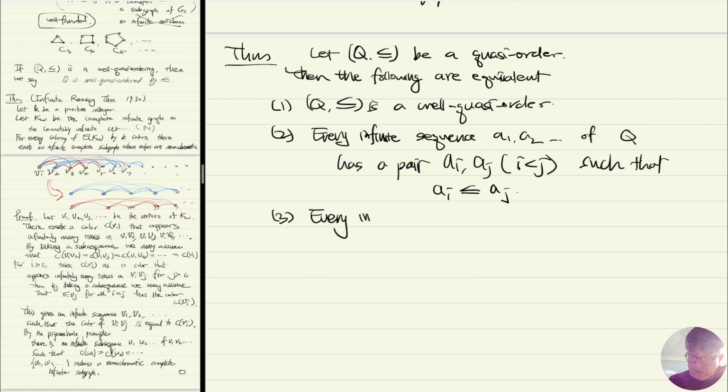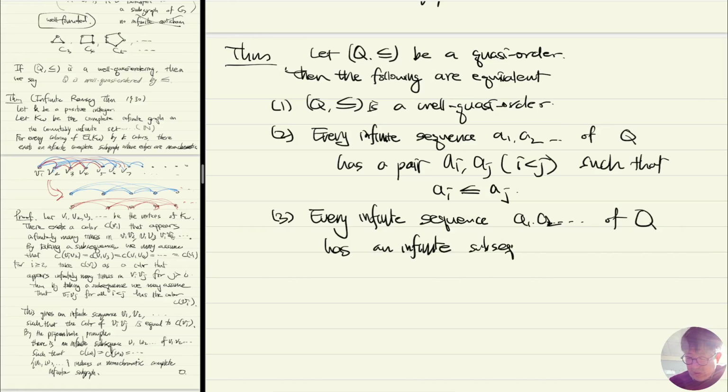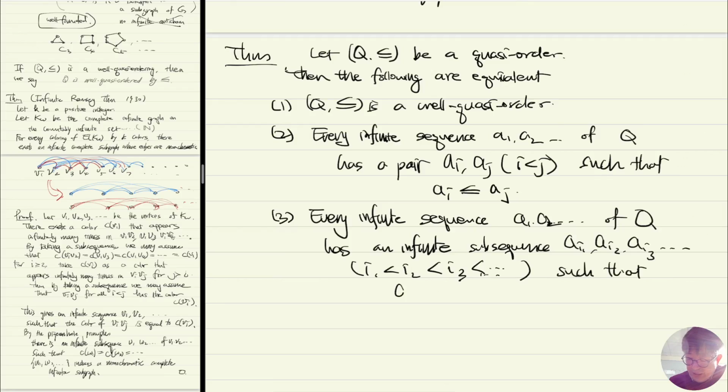And the third property is every infinite sequence a1, a2, ... of Q has an infinite subsequence a_{i1}, a_{i2}, a_{i3}, with i1 less than i2 less than i3, etc., such that a_{i1} is less than or equal to a_{i2}, which is less than or equal to a_{i3}, etc. So this is one of the key properties of well-quasi-ordering.